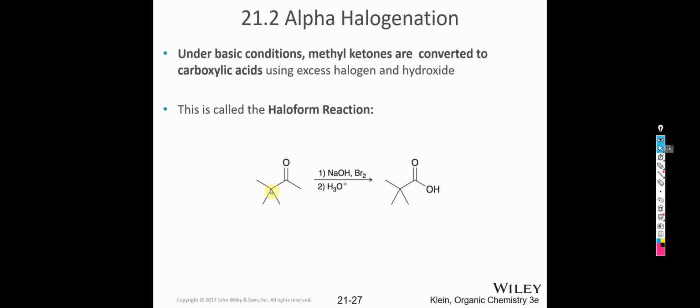Therefore this reaction works well when only one side has a methyl group and the other side does not have any alpha hydrogens. That being said, if you have alpha hydrogen, this reaction still works, but it's going to be the most clear-cut reaction when you have no alpha hydrogen on the other side.